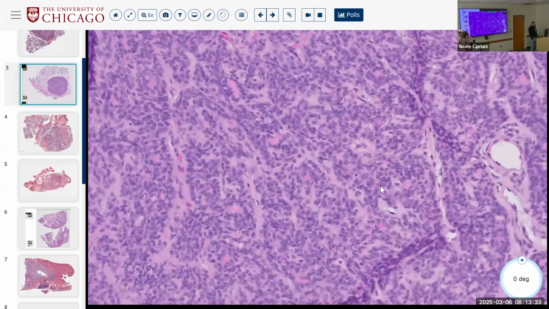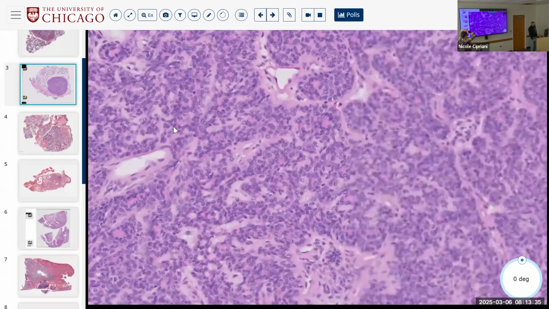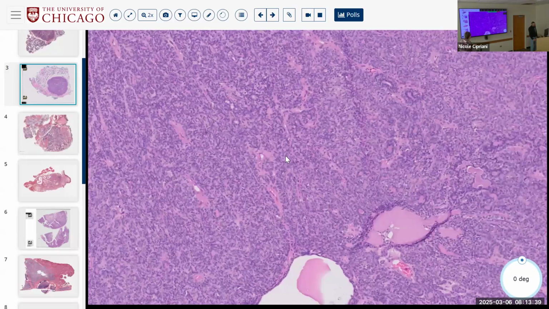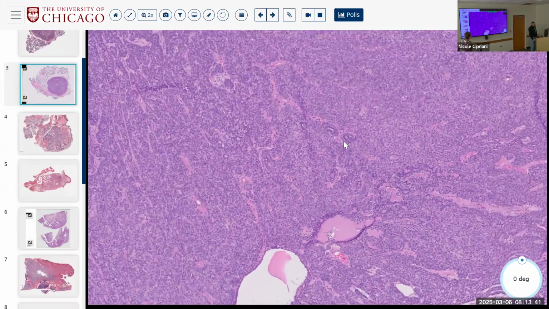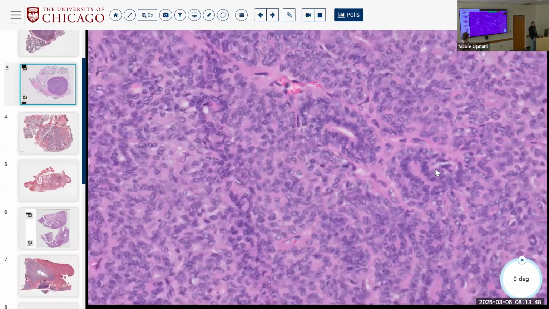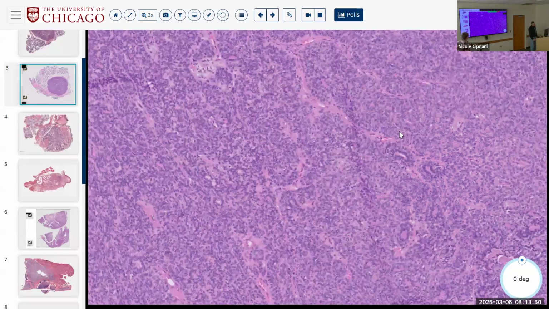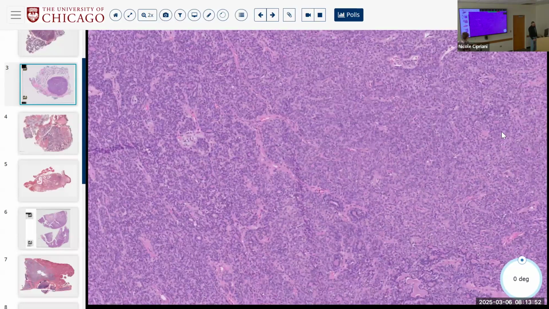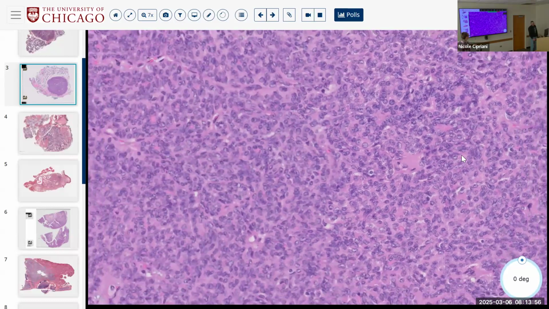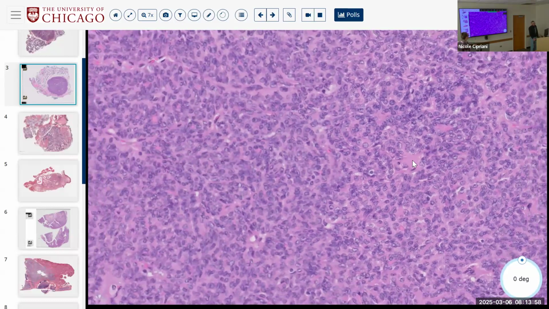It's hard for me to tell if this is one cell layer or two cell layers. It's quite cellular. This certainly looks like two cell layers. Yep, here. Yep. So again, I would give this the same differential, although maybe this one favored more of basal cell adenoma.